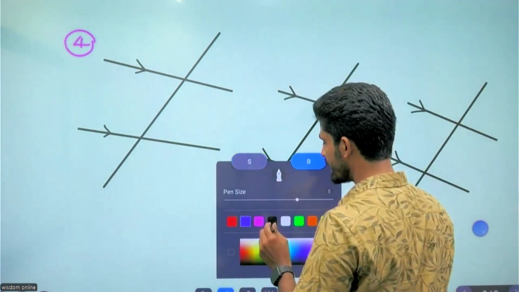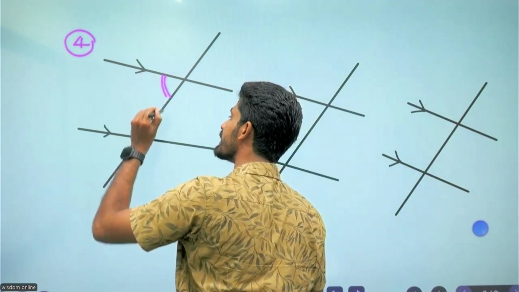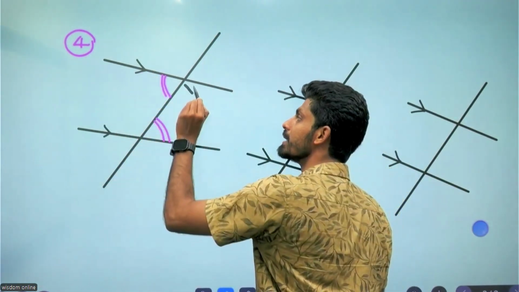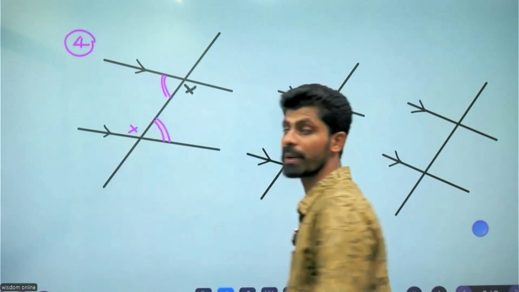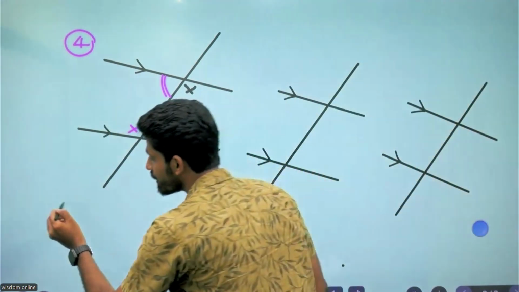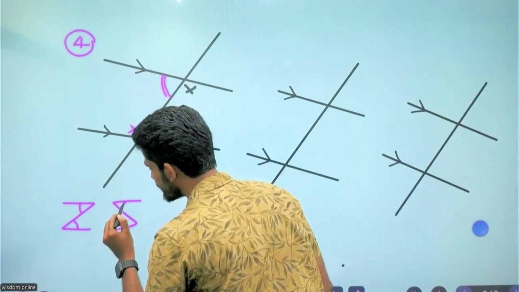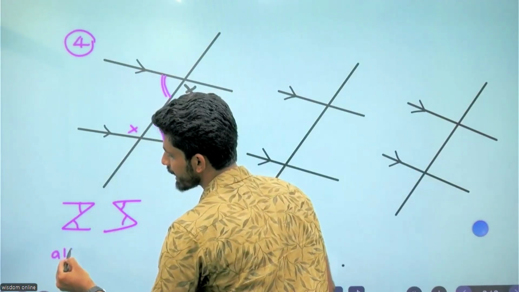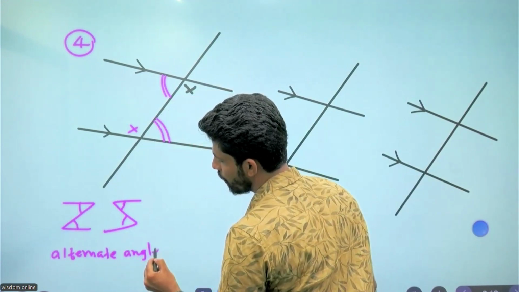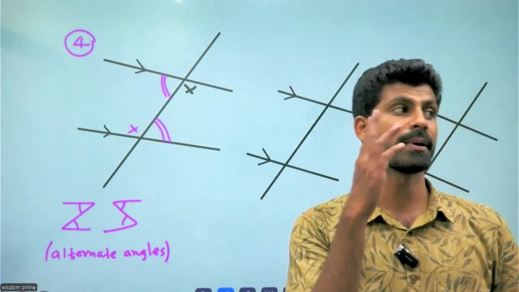Look at this one: these two angles are equal. Alternate angles are equal.